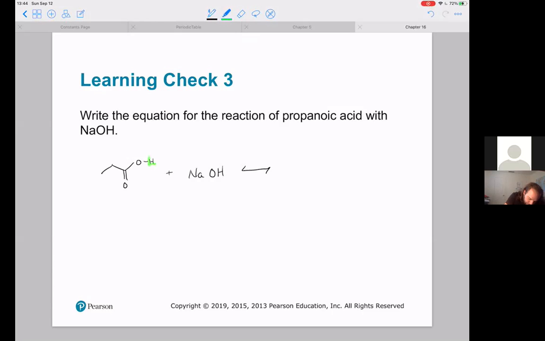Again, this hydrogen is going to combine with the hydroxide ion to form water. The carboxylate ion that's going to form is going to have 3 carbons. And again, importantly, that negative charge on that oxygen. And then we'll have our sodium counter ion. So this is the reaction of propanoic acid with NaOH.